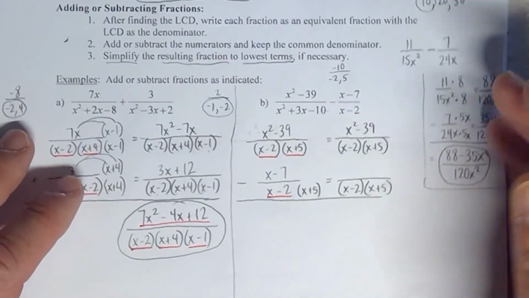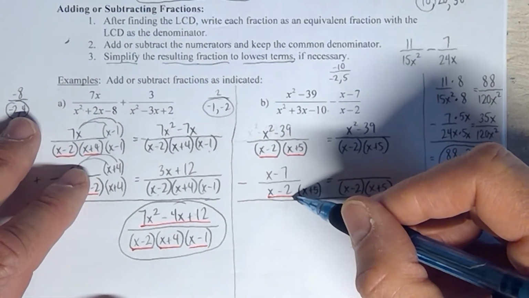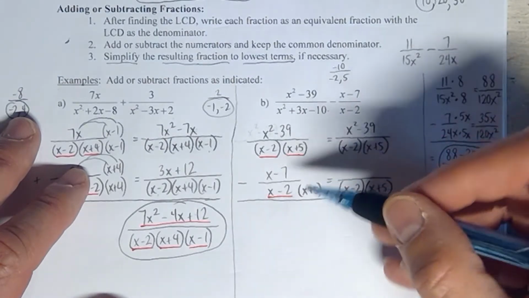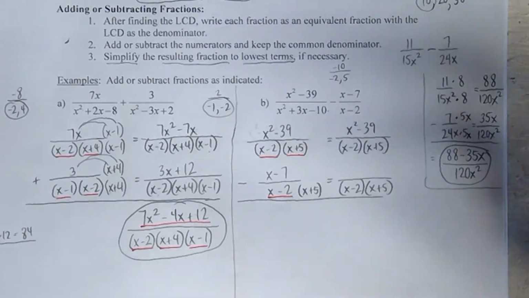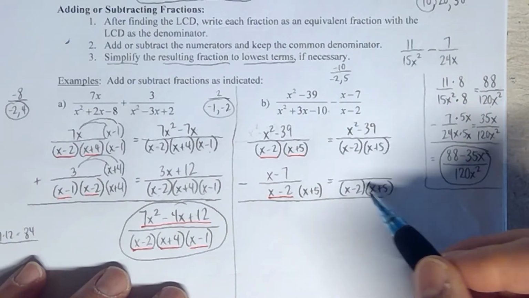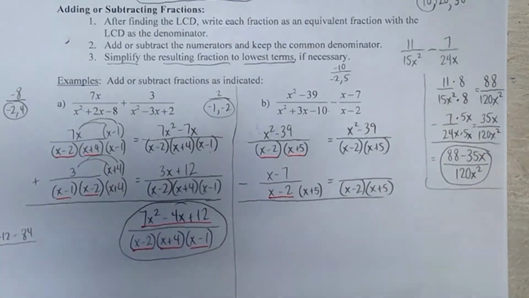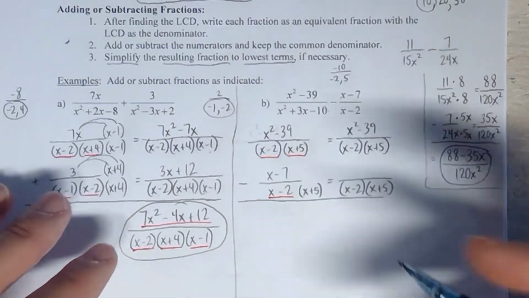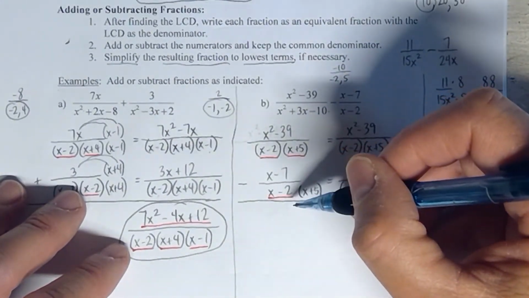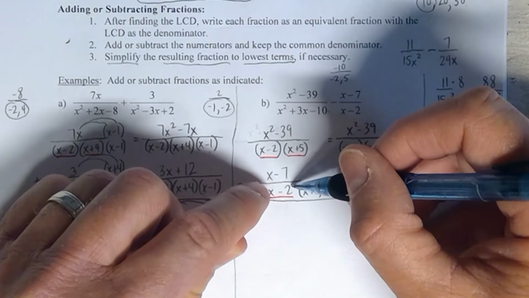When you have just a single red one in a denominator, even though it doesn't have a bracket, when you multiply by another bracket, it's implied that there's an invisible bracket around that. Because when you multiply a denominator by something, you've got to multiply the whole thing. And that means that there's an invisible bracket around it.